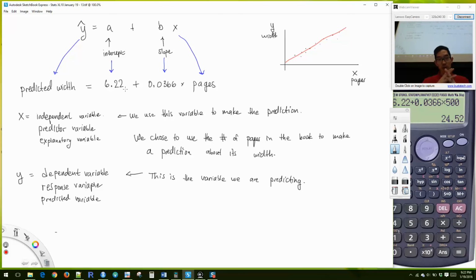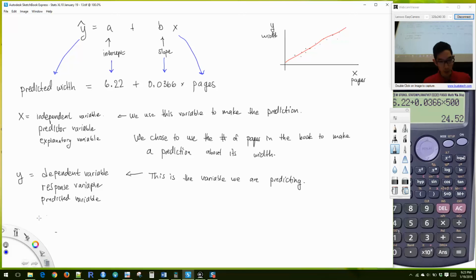But if we took a whole bunch of books that were 500 pages and took the average width of all of these, that average width should be very close to 24.52. That's what we're getting at when we talk about the predicted width.